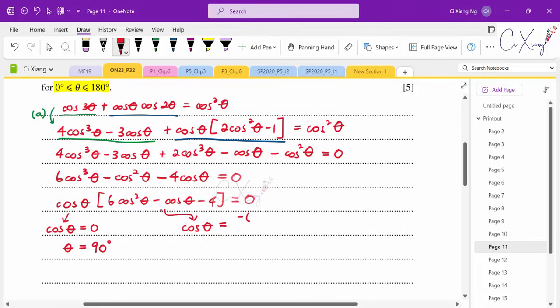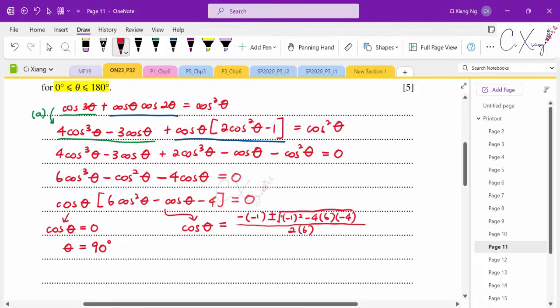It should be negative b plus minus square root of b square, which is negative 1 square, minus 4ac. So minus 4, a is 6, c is negative 4. And I have to divide it by 2a, so divided by 2 times 6. Then you will get two values for the cos, because one is plus, one is minus.